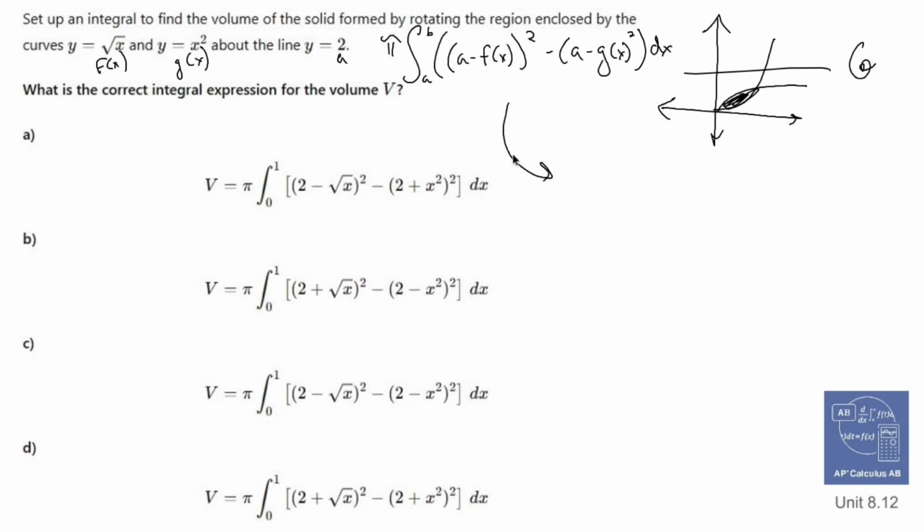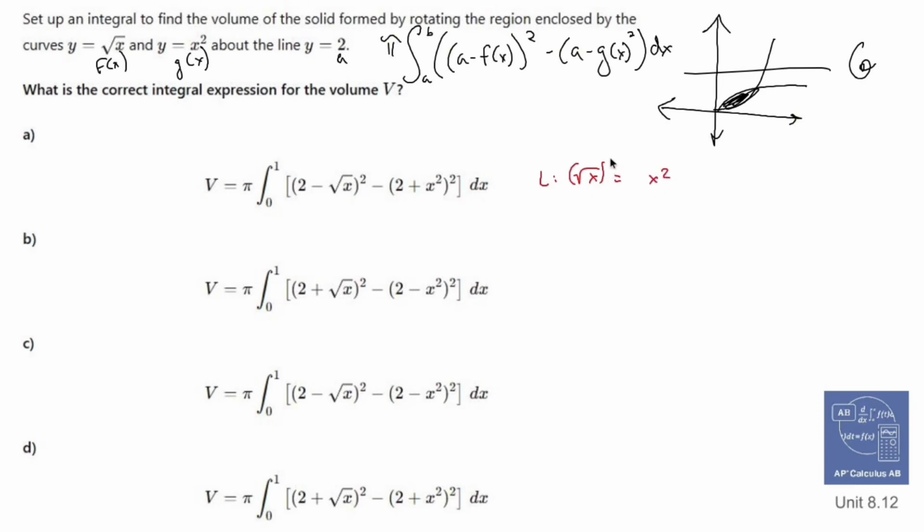So setting this up, I need my limits. So I find my limits by setting these two equal to each other. Before we even set things up, I know the limits are 0 and 1, but what if this wasn't multiple choice and you actually had to figure this out? All right, set these guys equal to each other. The square root of x equals x squared.